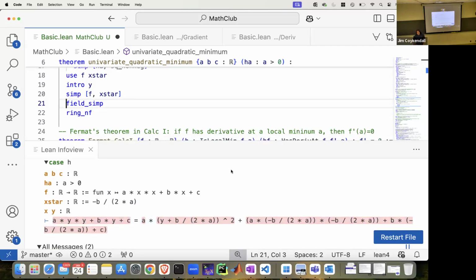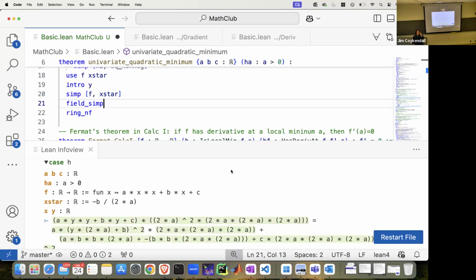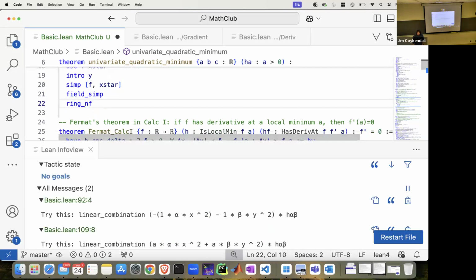It's a mess. I wrote in my solution over there that it's trivial to verify. Over here in my software, I'm going to tell it to use certain tactics, certain operations, to verify it for me, and it's done. It actually verified everything for me and claimed that there is nothing left to prove. So I'm done with this result.